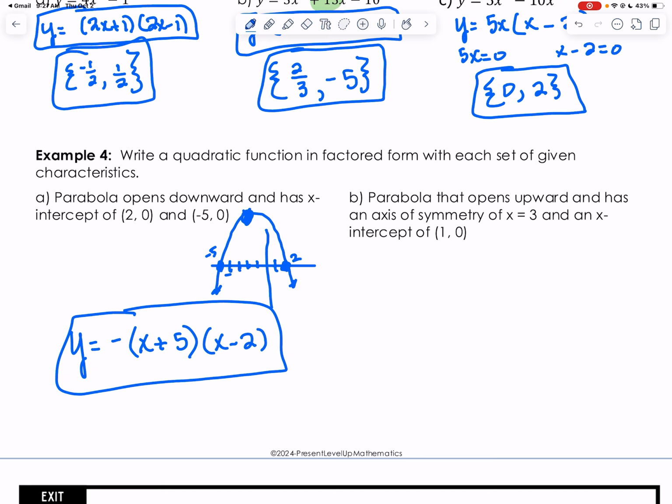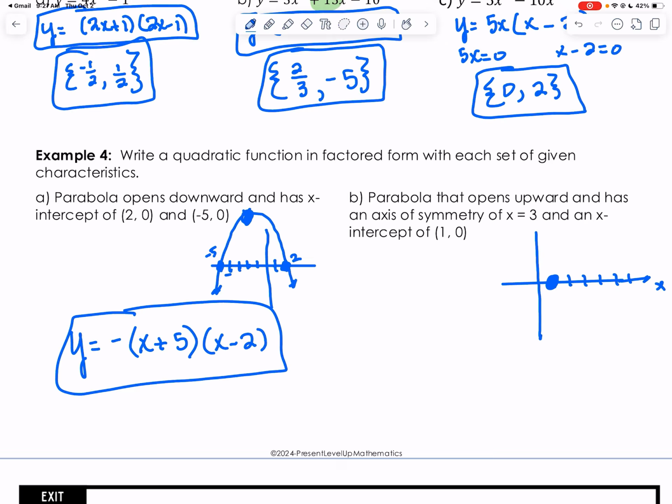All right, in problem B, it says we have a parabola that opens upward, has an axis of symmetry of x equals 3, and has an x-intercept of (1, 0). So let me try this one. So (1, 0) would be right here, and then 2, 3, 4, 5, go up to 6.